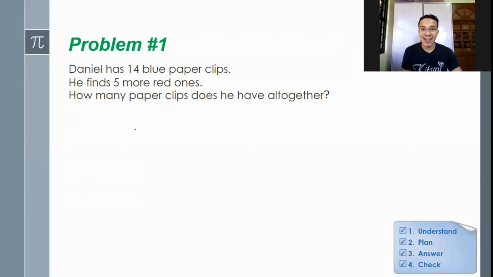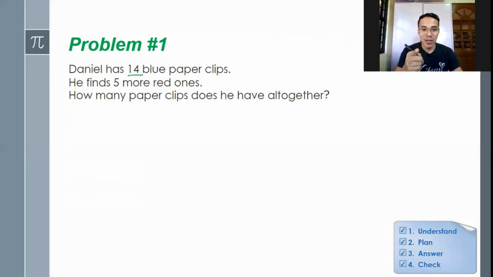Who is the character in the problem? Or who are the characters in the problem? There's only one person mentioned in the problem, right? It's Danielle. Danielle has paper clips, and the colors of these paper clips are blue and red. How many blue paper clips are there? It says here 14.